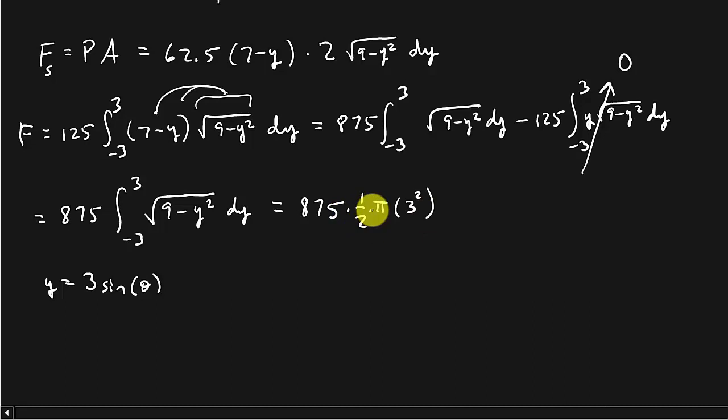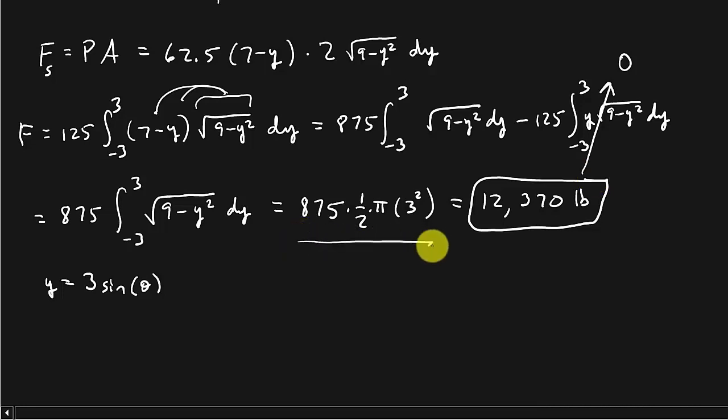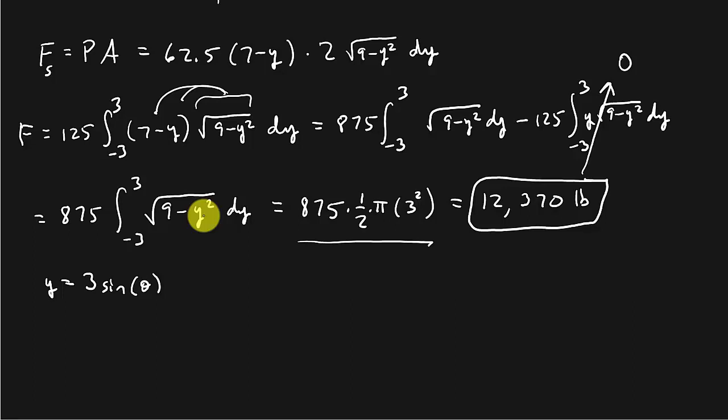It's half the area of a circle, and so that's going to leave us with 12,370 pounds. But like I said, if you don't recognize this, you can integrate that using trigonometric substitution. It would be more work, but you can do that.